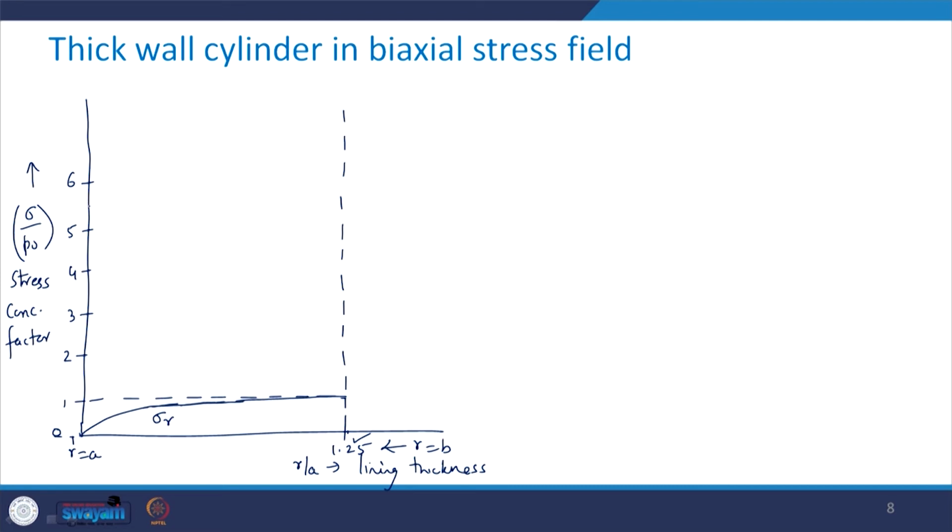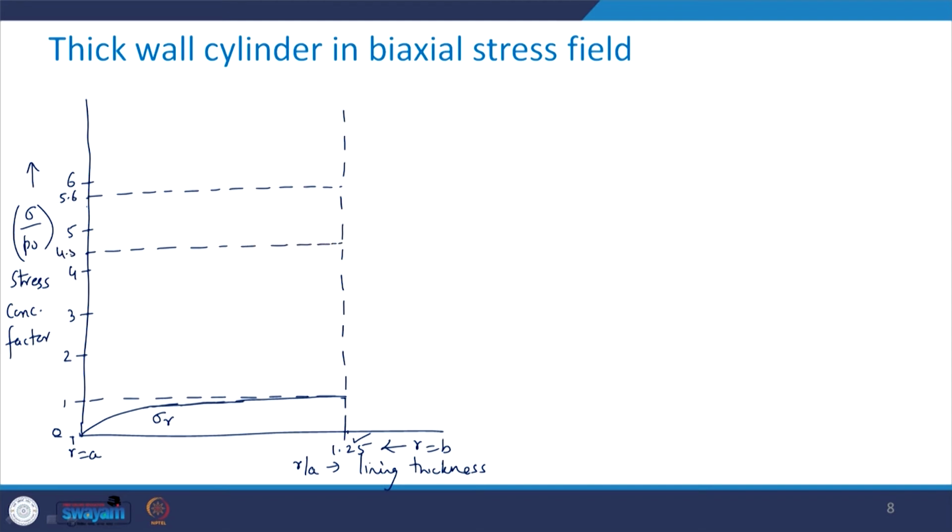And in case of the sigma theta, we have seen that at r equal to a it is 5.6. So, let us say this point is for 5.6. So, I draw a line, and at r equal to b we have 4.5. So, another line, let us say here this is corresponding to say 4.5.